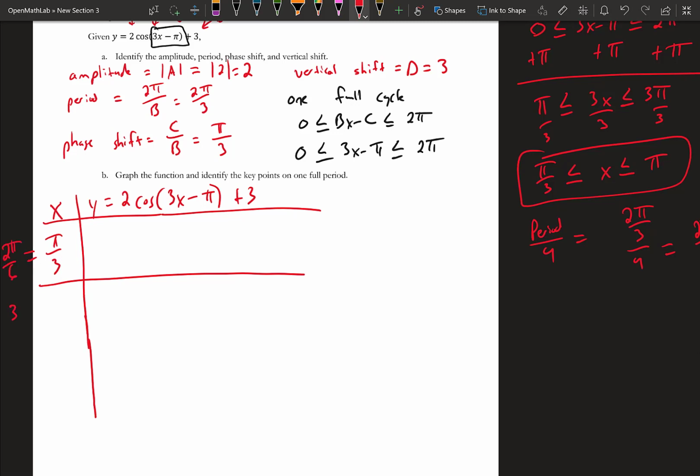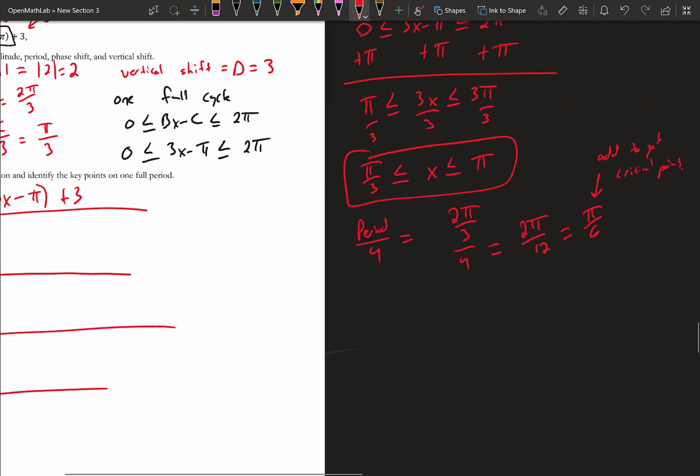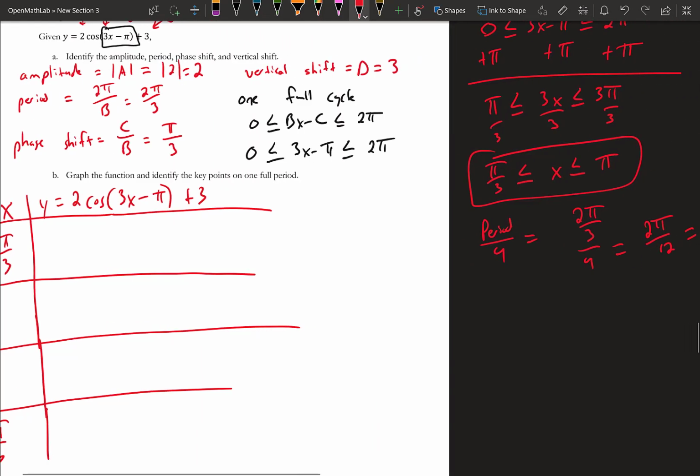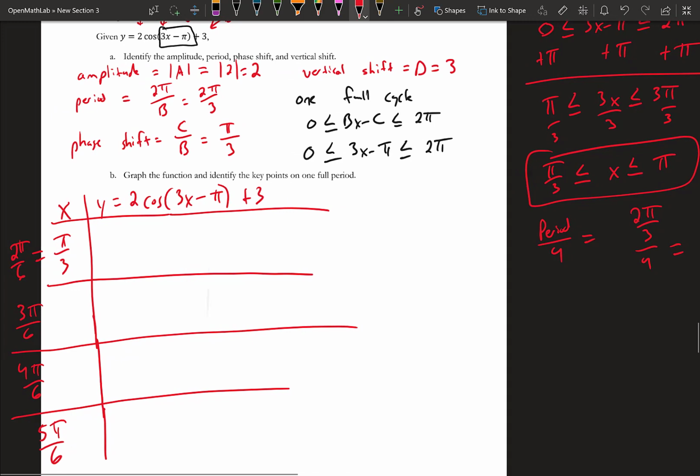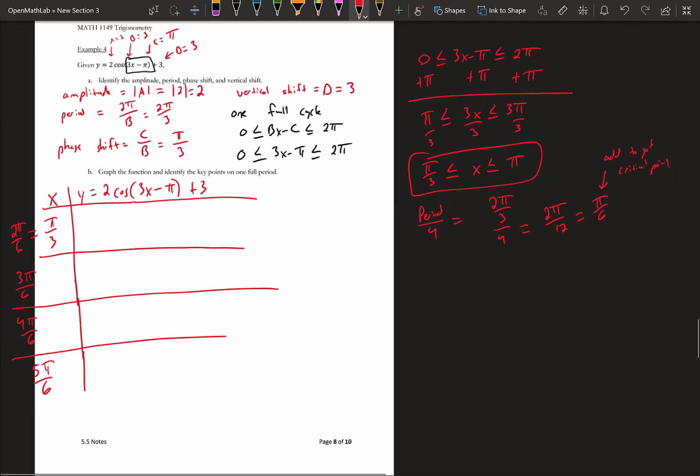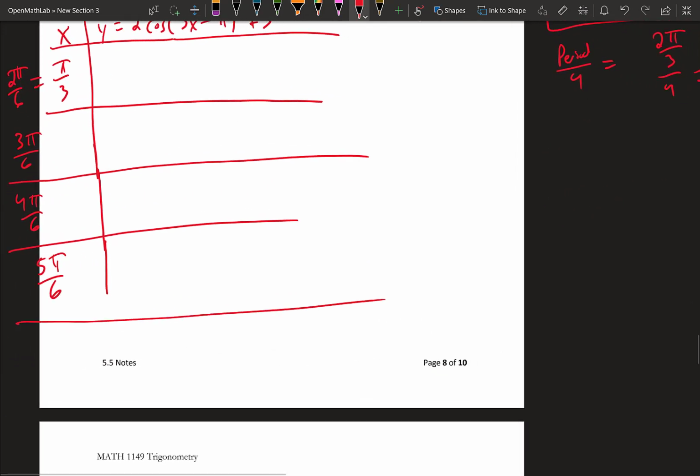So then we'd have 3 pi over 6, and then 4 pi over 6, and then 5 pi over 6. We want to keep going until we get to pi. So next would be 6 pi over 6, which is just pi. Right, so that's where we'd stop. So let's see, 4 pi over 6, we can reduce this down to be 2 pi over 3. And 3 pi over 6, we can reduce that down to be just pi over 2.